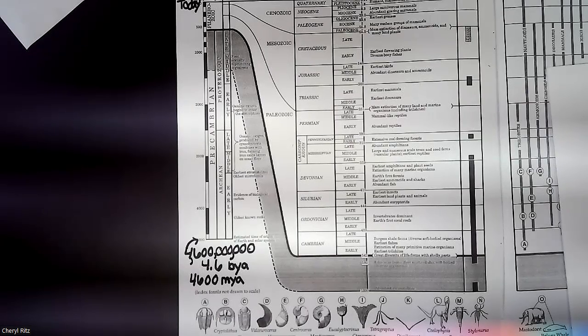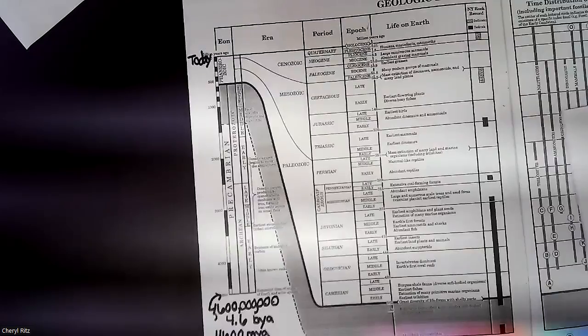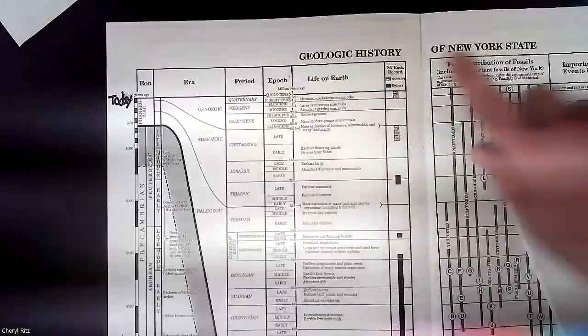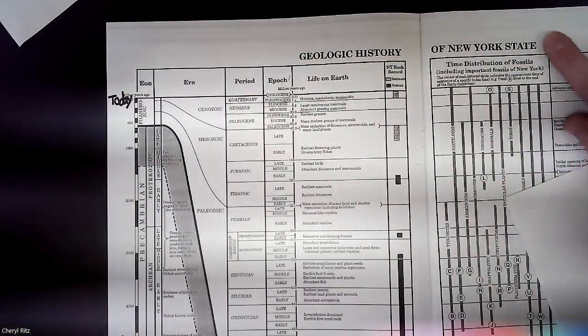Some people see this as bad news because there's a lot of questions on these 2 pages. I like it because you can look up the answers. Some people don't like looking up answers and just want to know the answers off the top of your head. But I think it's a good thing. So what we got to do is break this down a little bit more. There's a lot going on here. We're going to start at the top. So first of all, this is history of New York State.